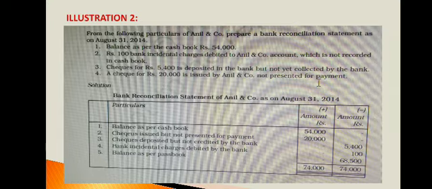We need to keep in mind that when we are preparing the bank reconciliation statement, we need to analyze each transaction in two ways, that is, what we have done in the cash book and what is not done in the passbook, and vice versa. Accordingly, the amount is placed either in the plus column or the minus column.